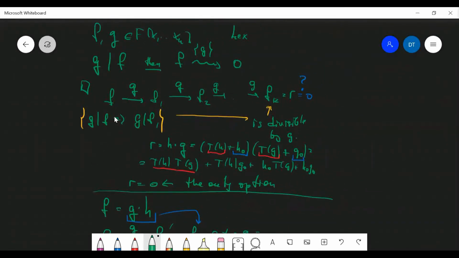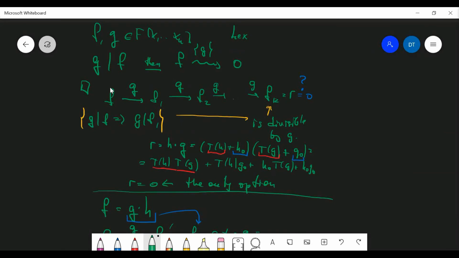I want to prove that if f is divisible by g, every sequence of reductions gives you 0. I take an arbitrary sequence of reductions and I get some polynomial r.